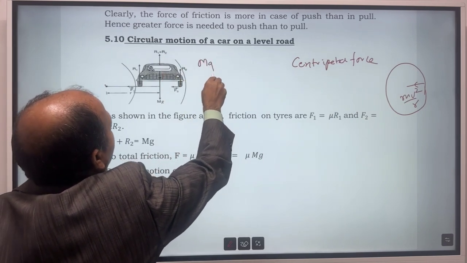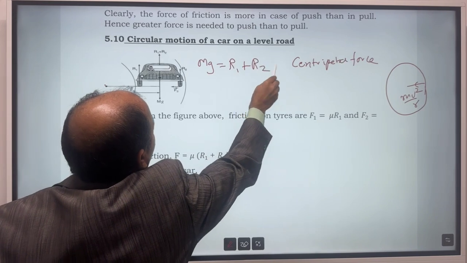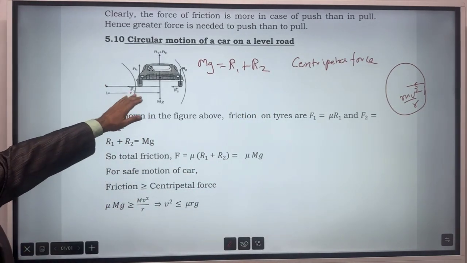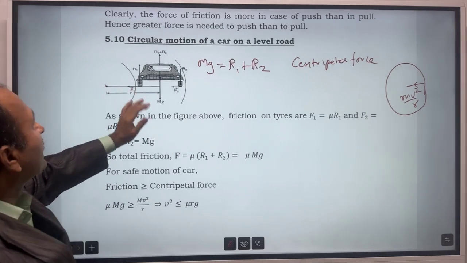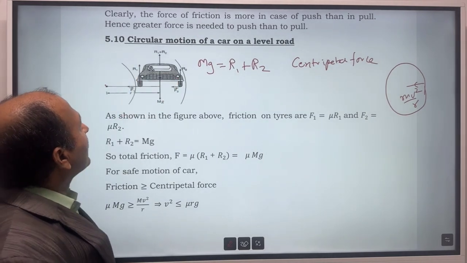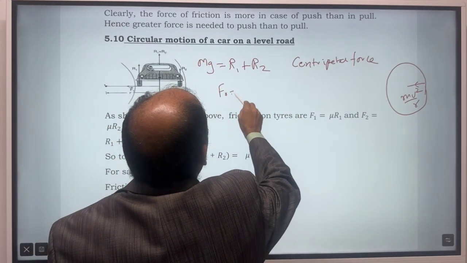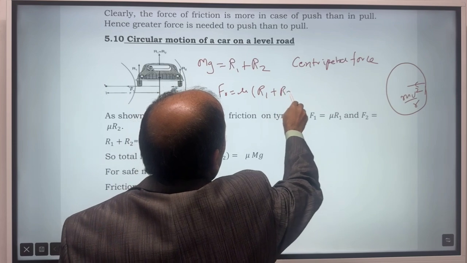So mg will be equal to R1 plus R2. This is one point. And we consider the friction between the tires and the road. So here F1 will be mu times R1 and F2 equal to mu times R2. So total friction will be mu times R1 plus R2.